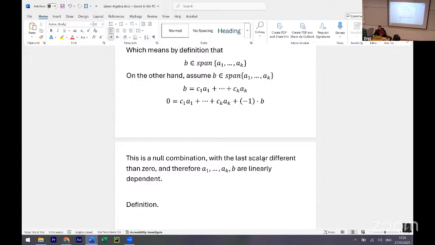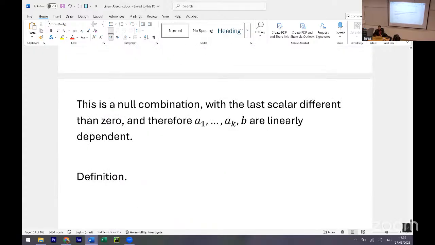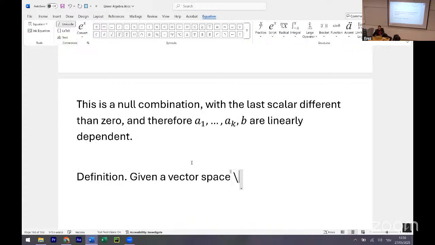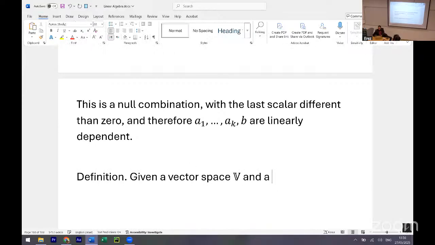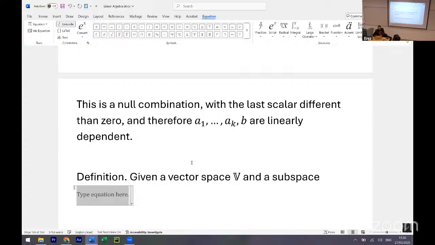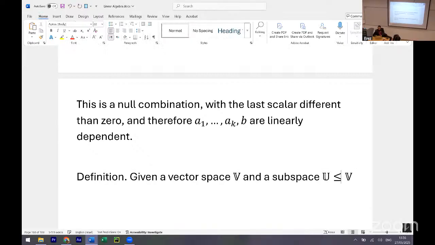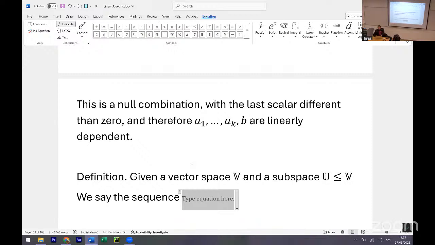Good. Okay, so definition: given a vector space V and a subspace U, we say the sequence of vectors, let's call them W's, as they don't get any affiliation yet.